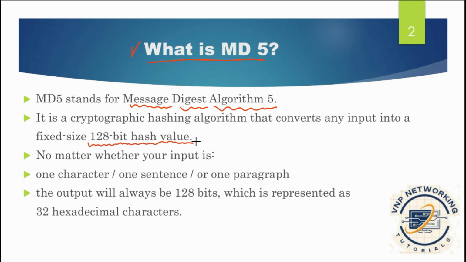The important thing to remember here is any input we supply to the MD5 algorithm will generate a 128-bit hash value. It really doesn't matter whether the input is one character, one word, a complete sentence, a password, or even a large paragraph. The output from the MD5 algorithm will always be 128 bits, which is represented as 32 hexadecimal characters.